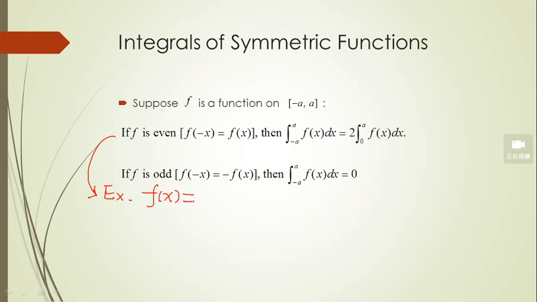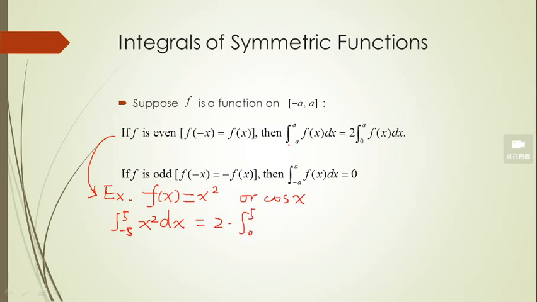Or cosine x is also an even function. So to evaluate the integral from minus 5 to 5 of x squared dx, that will be double the integral from 0 to 5.